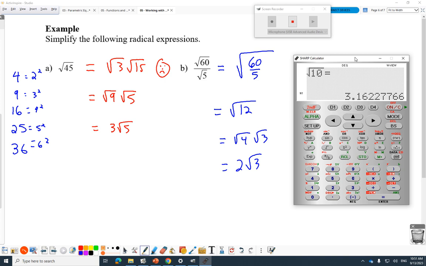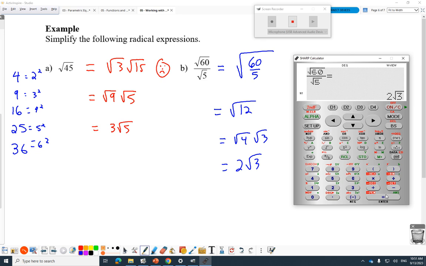Root 60 over root 5. Fraction button, root 60 over root 5. Oh. It'll tell you if you didn't finish this off.